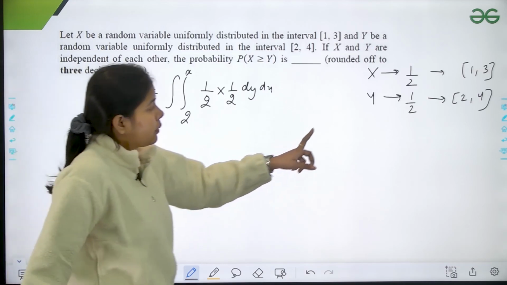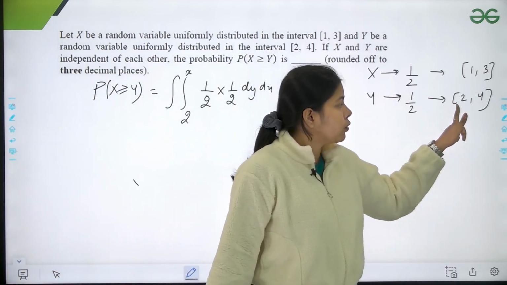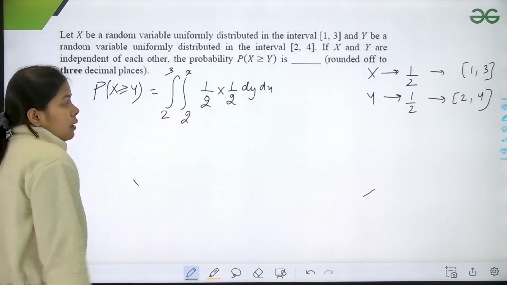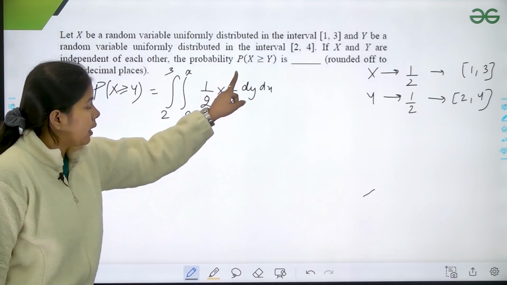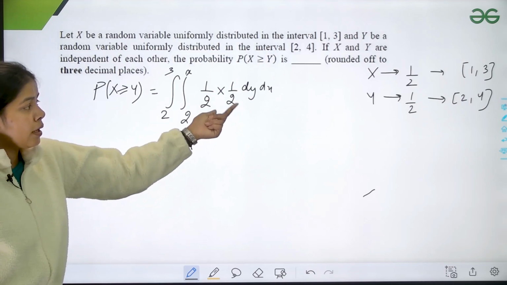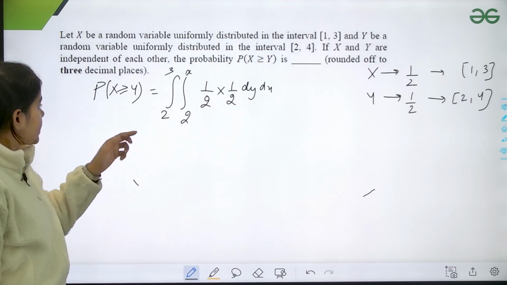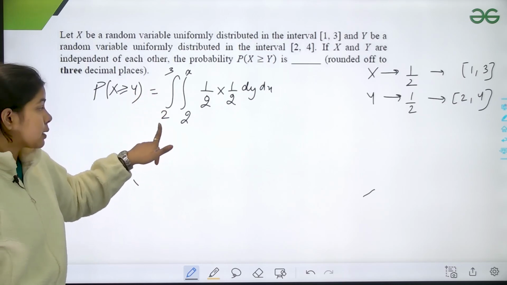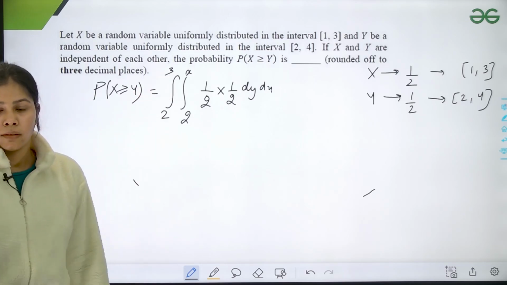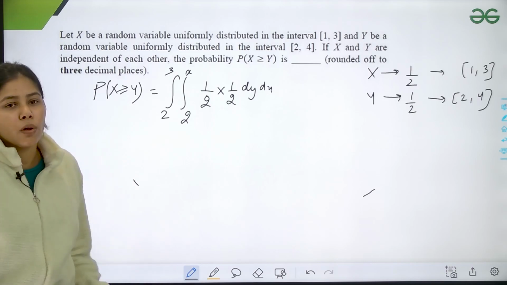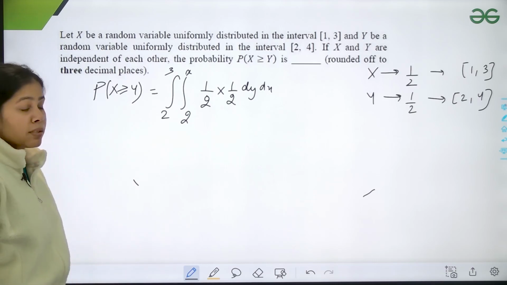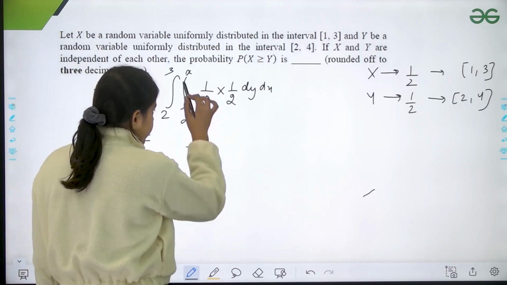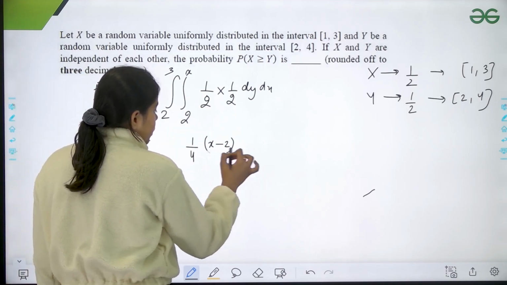No, because I have to take x greater than or equal to y, so x goes from 2 to 3, because then we have the possibility that y is less than x when x lies between 2 and 3. If x lies between 1 and 2, then x is always less than y. So let's solve this: 1/4, and if I integrate, I get x minus 2 dx.